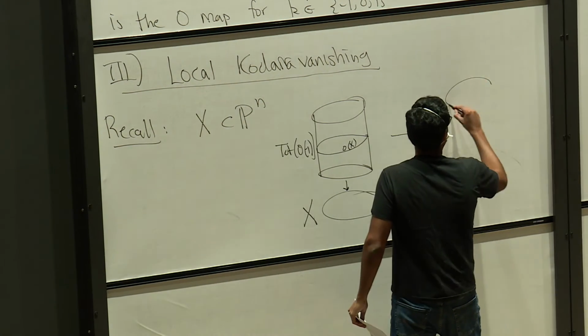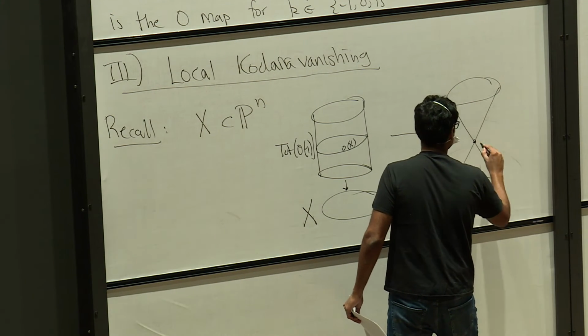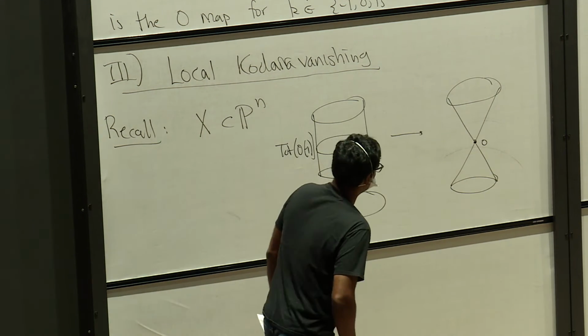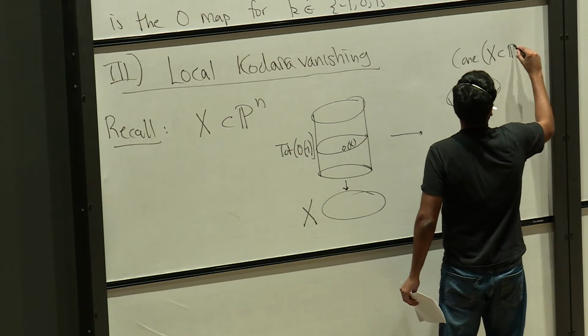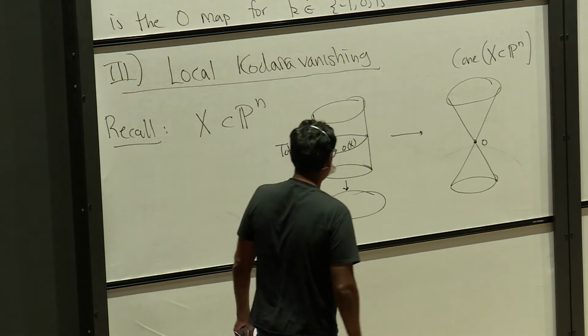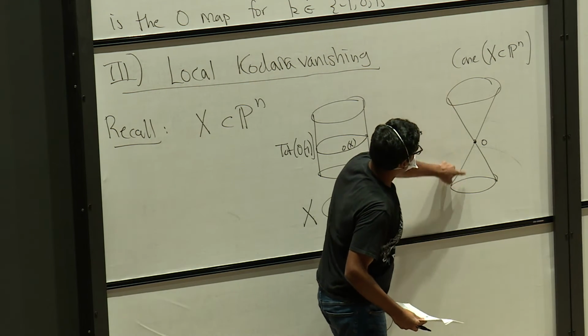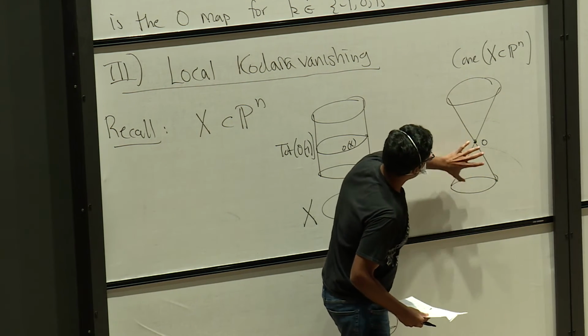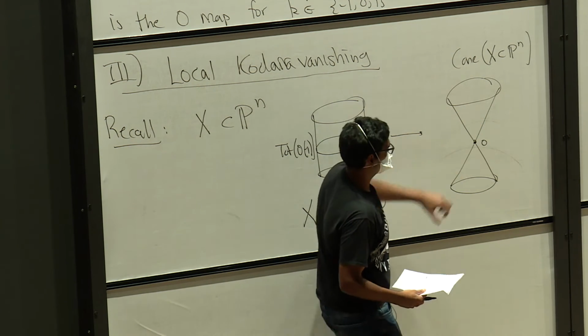So I get to build a cone like this. And this is nothing other than the affine cone on the projective variety itself. But the point is that this is affine, and moreover, it's conical. So there's a scaling action, and all the action on this variety is happening near 0 in some local neighborhood of 0.